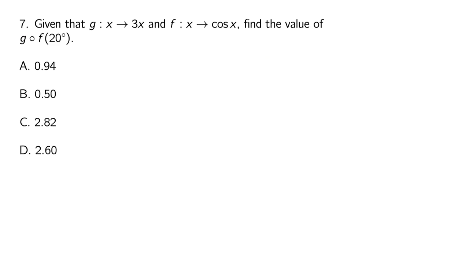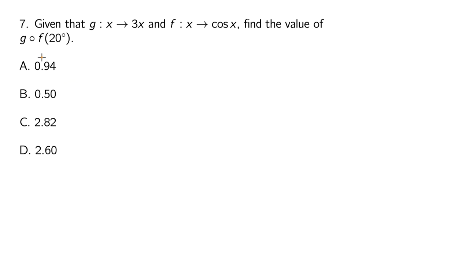All right, the next question is: given that g is such that x goes to 3x and f is such that x goes to cosine of x, find the value of g of f of 20.